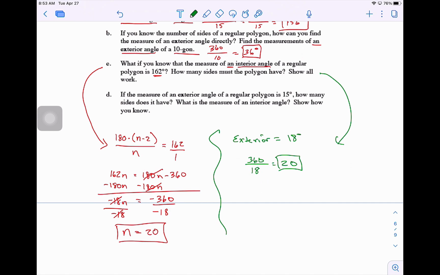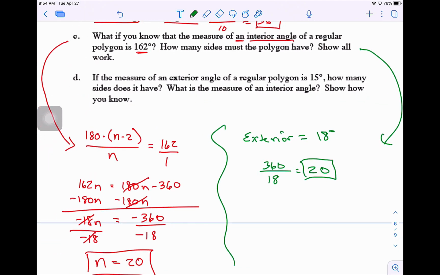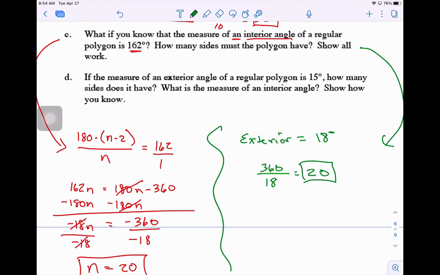And so finally in part D, part of the reason I brought that up is, in part D they say if the measure of an exterior angle is 15 degrees, how many sides does it have? And now we're doing exactly what we just talked about. Take 360 divided by 15, which means in this case, n would equal 24. Each exterior angle and the corresponding interior angle always add up to 180, so therefore the interior angle would equal 165.